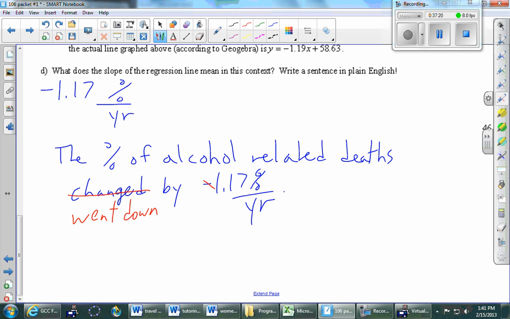And maybe instead of actually writing this fraction in years, you'd actually write per year. Absolutely. I won't take off without it, but you're absolutely right. Approximately alcohol-related deaths went down by 1.17% per year.